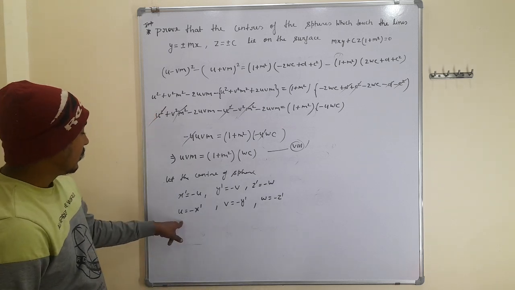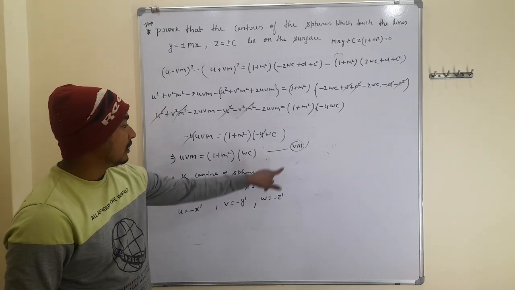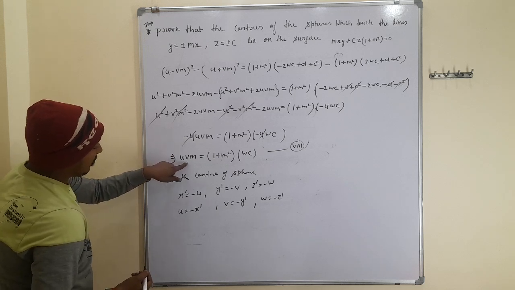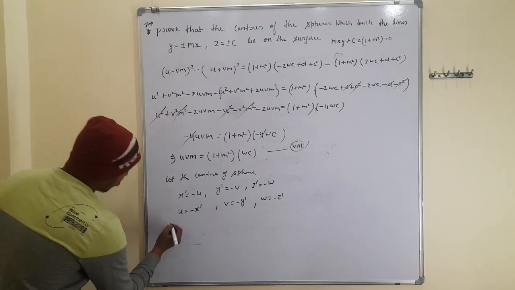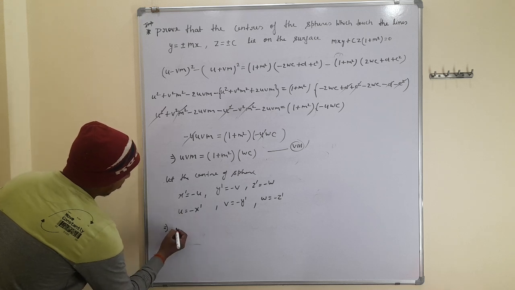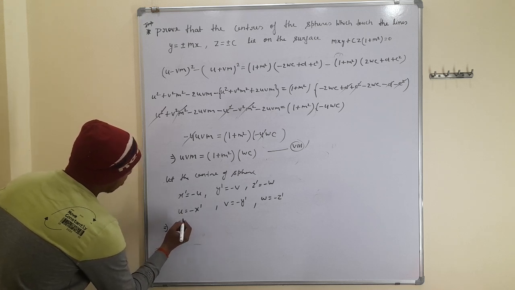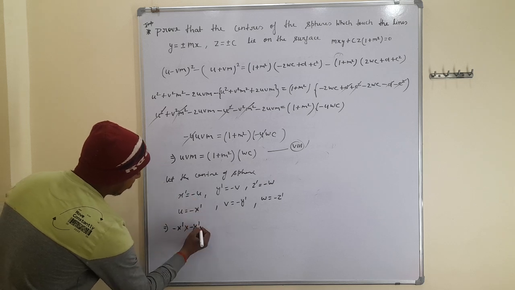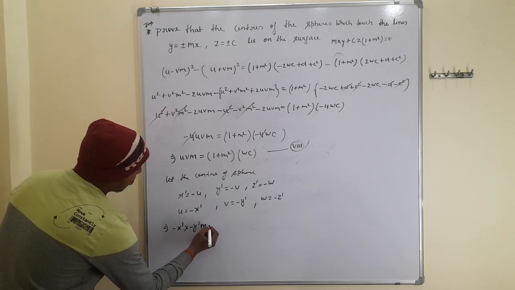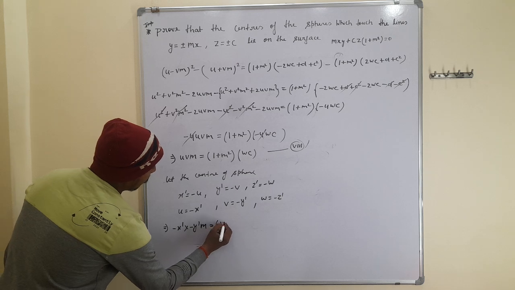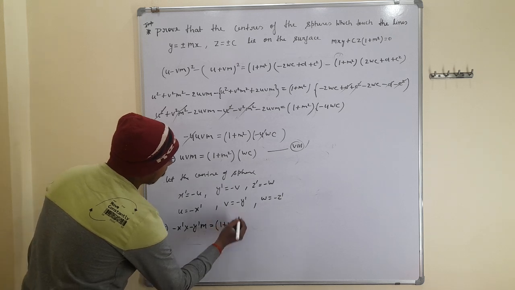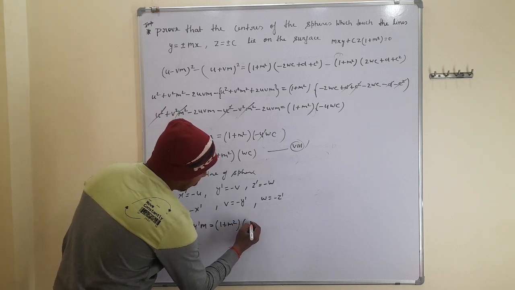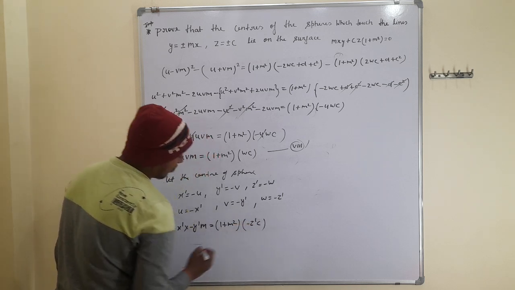Further we put the values of u, v, w in equation 8, that is in place of uv we put minus x dash into minus y dash, and m is already present, is equal to 1 plus m square, and in place of w we put minus z dash, that is minus z dash into c.